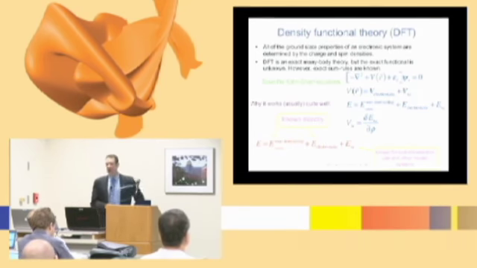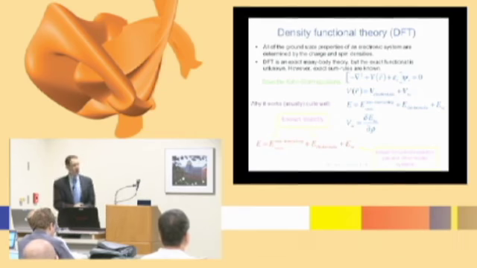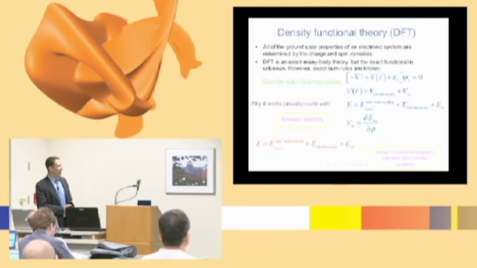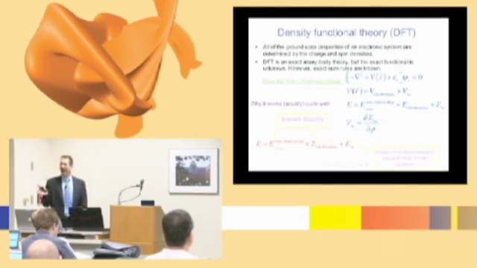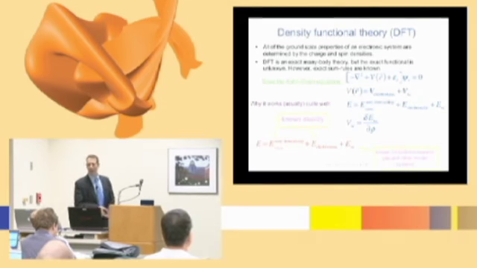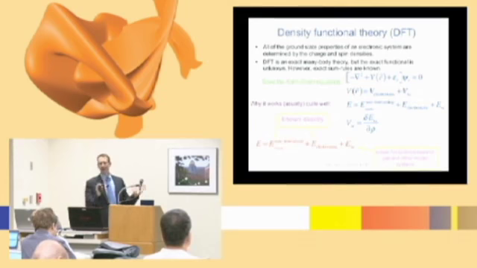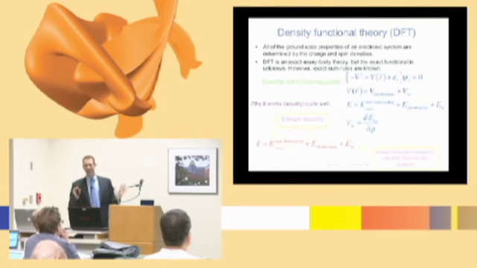Now we happen to know the exchange correlation energy quite well for a uniform electron gas, and we know that from David Ceperley's work with quantum Monte Carlo. So quantum Monte Carlo is really built into the fundamental basis of density functional theory. A lot of people don't think of that. But the fact that we know the exchange correlation energy for a uniform electron gas could have just meant that we could do a really good job studying the uniform electron gas.